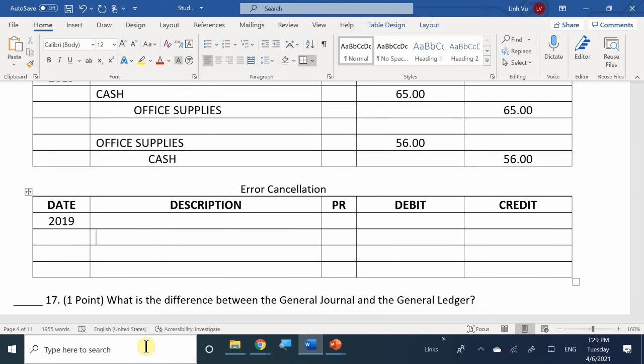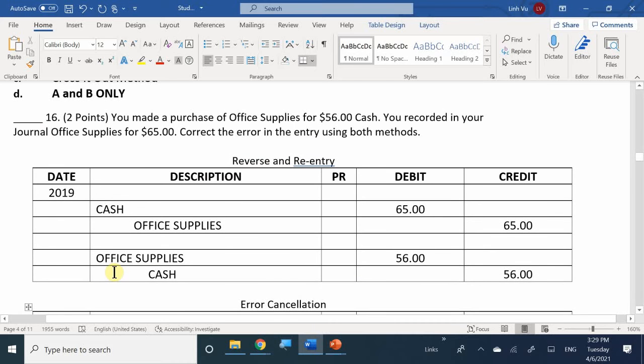Okay, what's the difference between 56 and 65? $9. Now let's understand this. I originally placed it in for 65. But how much did I actually purchase it for? 56.